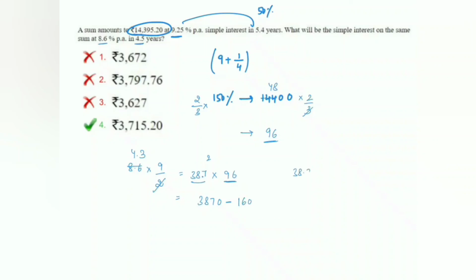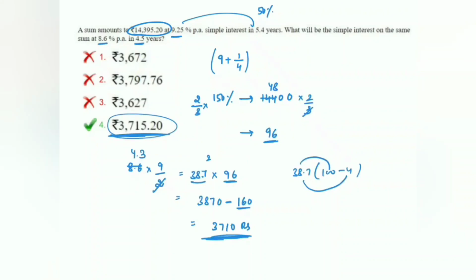Essentially I am doing 3870 minus 4 times. I am taking a round figure, so the closest value I will get. Don't go for the exact value when the numbers are typical. So here I can say the closest value is 3750.20. Don't go for the exact value because you will not get it in the time specified.